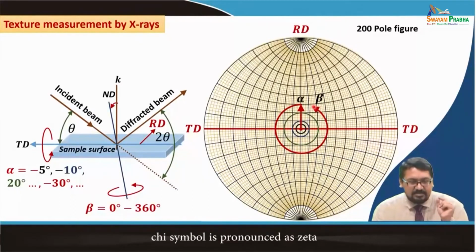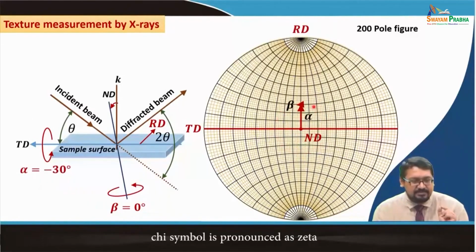So, let us take alpha equal to 30 degrees and see. When we reach alpha equal to 30 degrees, we are here and we are observing the intensity at K, that is the bisector between the incident and the diffracted beam, which is this position, right: alpha equal to 30, beta equal to 0.